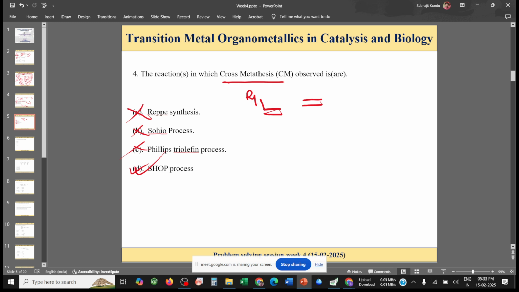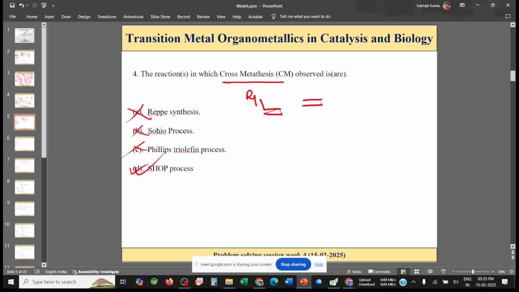But there is a limitation of cross metathesis: during cross metathesis multiple products are formed, and their separation and isolation is very difficult. Because of the non-selectivity of product formation, cross metathesis polymerization is not that applicable.